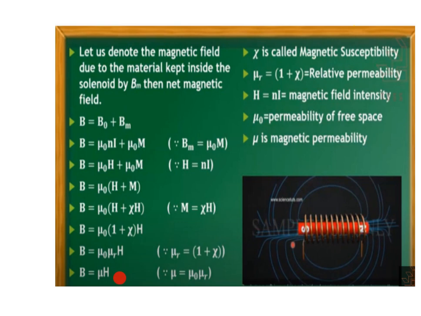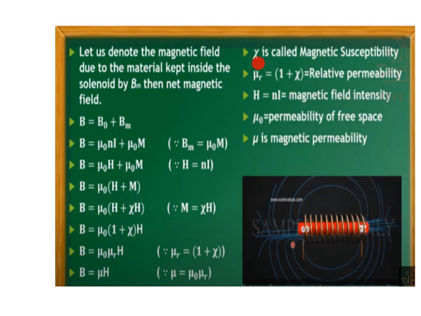So these three equations are very much important. That is, magnetic field B is equal to mu naught into 1 plus chi into H. Second, B is equal to mu naught mu r into H. And third is B is equal to mu into H.